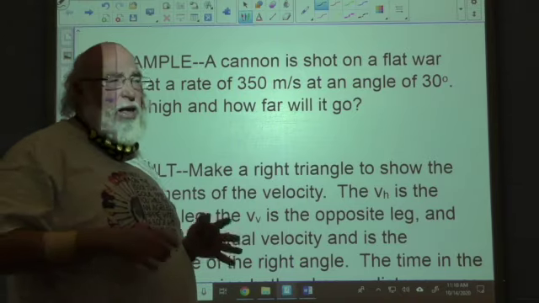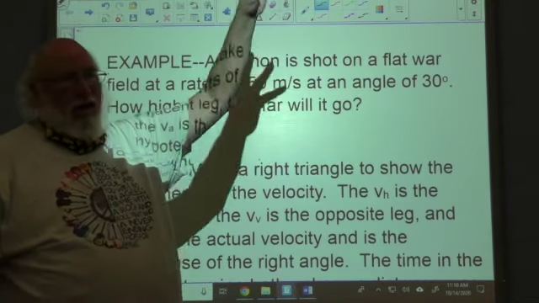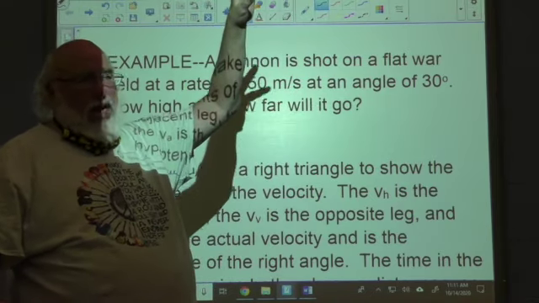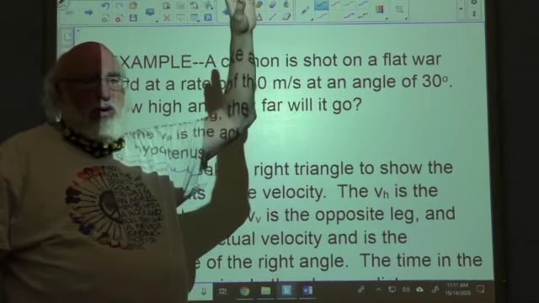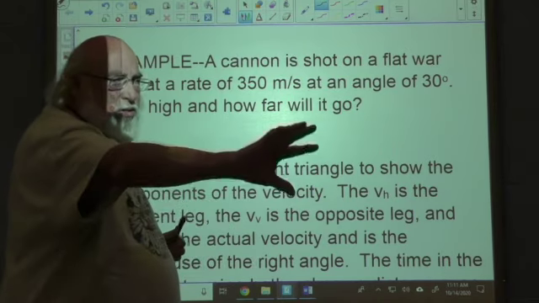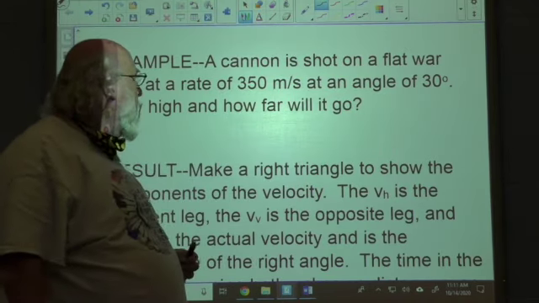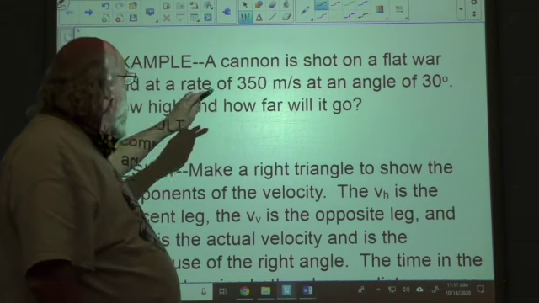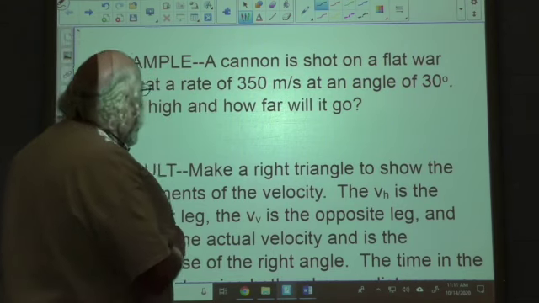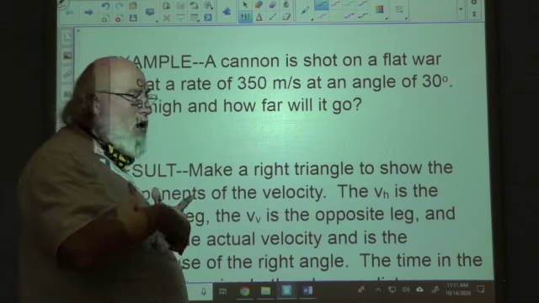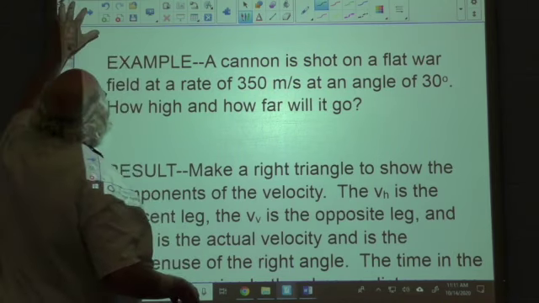So we're going to calculate the height, the time it takes to get to the height, and then double that for the total distance going across. Okay, so let's start, and you're going to see a big change over what we've done with the last two and how we start this.